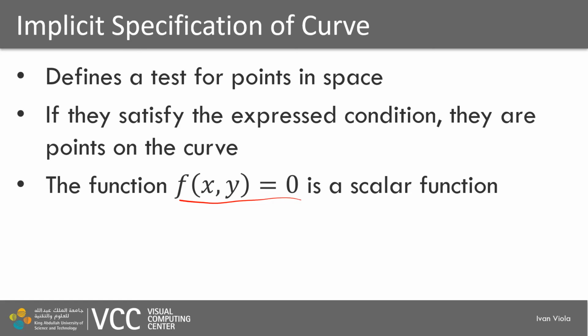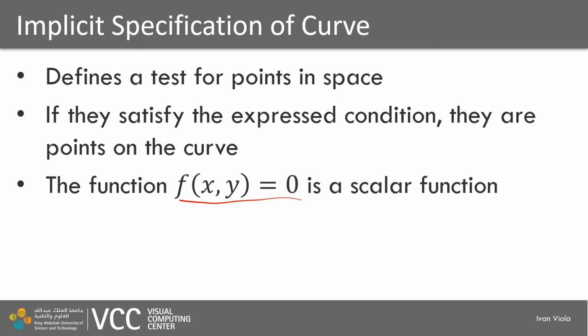With this, we will have an advantage that even for points which are lying outside the curve, we will be able to quickly compute how distant they are from the curve. However, we will not be really able to give an order to the points on an implicit curve.